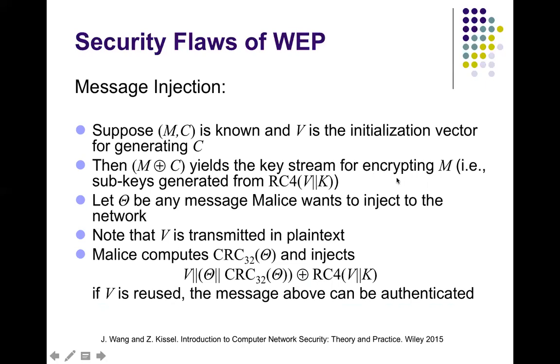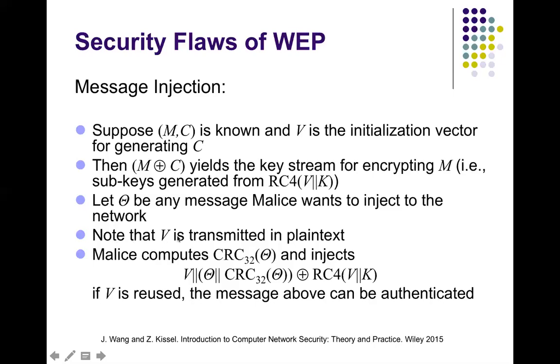But of course, that is generated using this particular initial vector V. So now let's say that any message the attacker Malice wants to inject into the network fools or tricks the AP and the STAs into believing that this data is a legitimate packet.